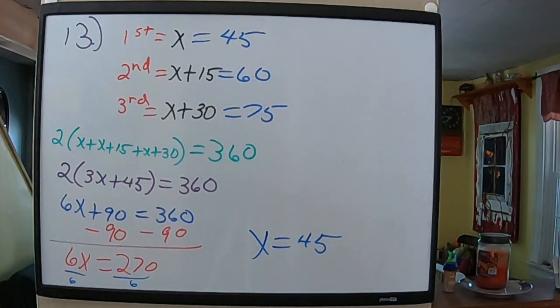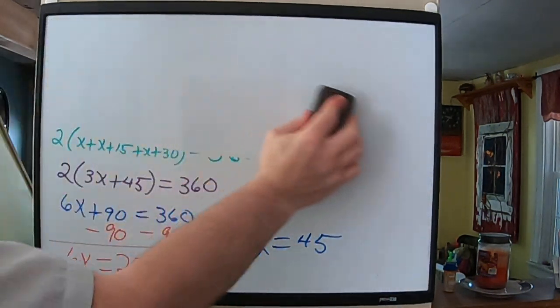Finally, we get to number 15. In number 15, it talks about a company's sales. We're talking about sales for 4 different months if you read it carefully.